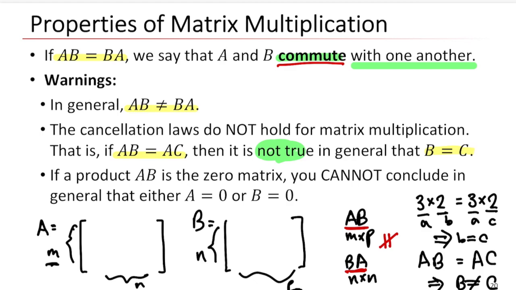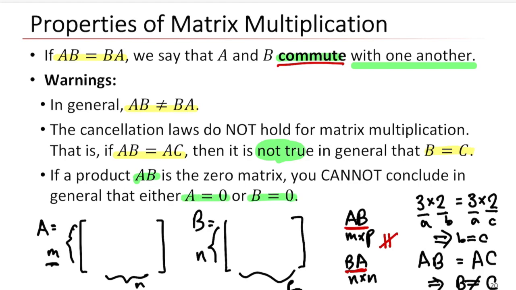Finally, if the product AB is the zero matrix, then we cannot conclude that either A is equal to 0 or B is equal to 0.